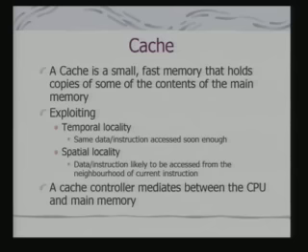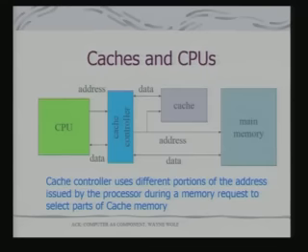In fact, a cache controller mediates between the CPU and main memory. So, pictorially it looks something like this. You have a CPU and you have a cache controller, you have this cache, and this is your main memory.